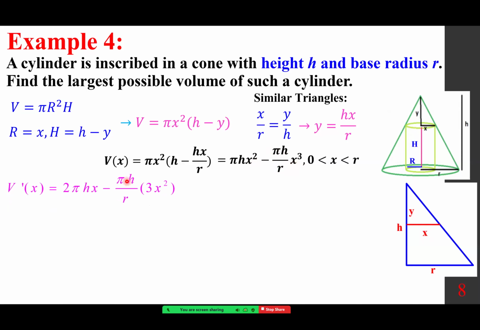This is minus 3 pi h over r times x squared. We notice pi is in common, h is in common. We can also factor the x, which is in common. So if I take the pi h x out, this gives me 2. This gives me minus 3 over r, and one of those x's remains, so minus 3x over r.